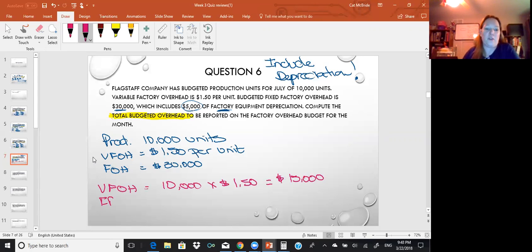Our fixed factory overhead was given to us already as 30,000. You just have to know to go ahead and include the depreciation. So our total overhead is 45,000. See, that wasn't hard, was it?